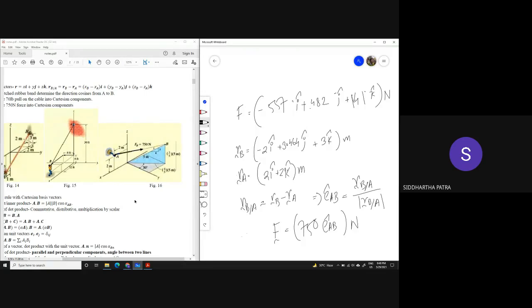From each topic, practice at least 5 problems. The third topic that we covered was position vector. With position vector you will need some practice. So try a few more problems with position vectors and also the other topics.